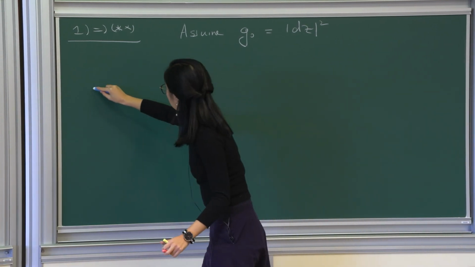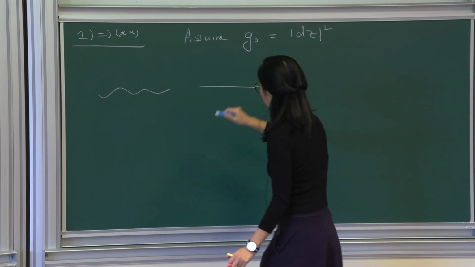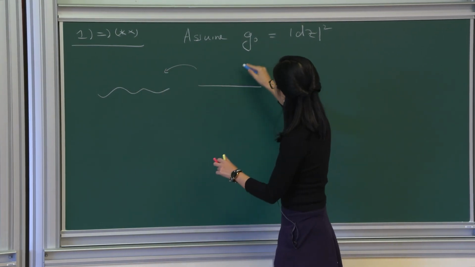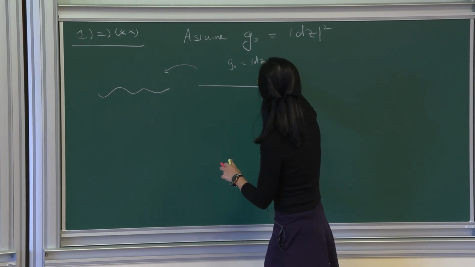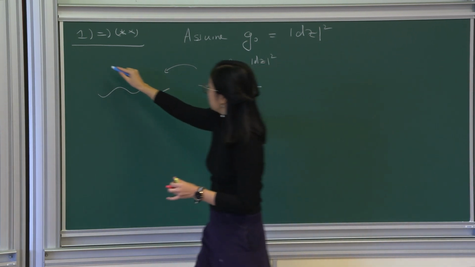And now I'm thinking of my curve living on the sphere where the background metric g0 is dz squared. This is also dg0 here.